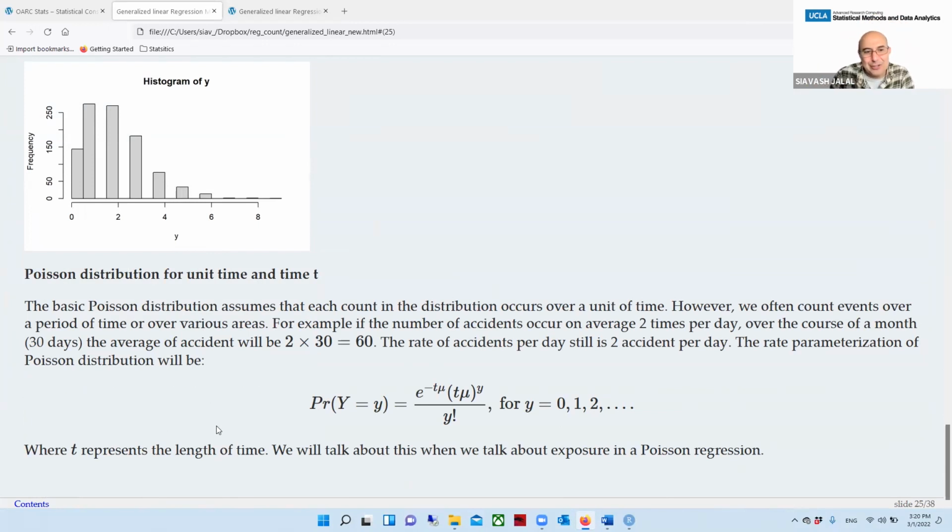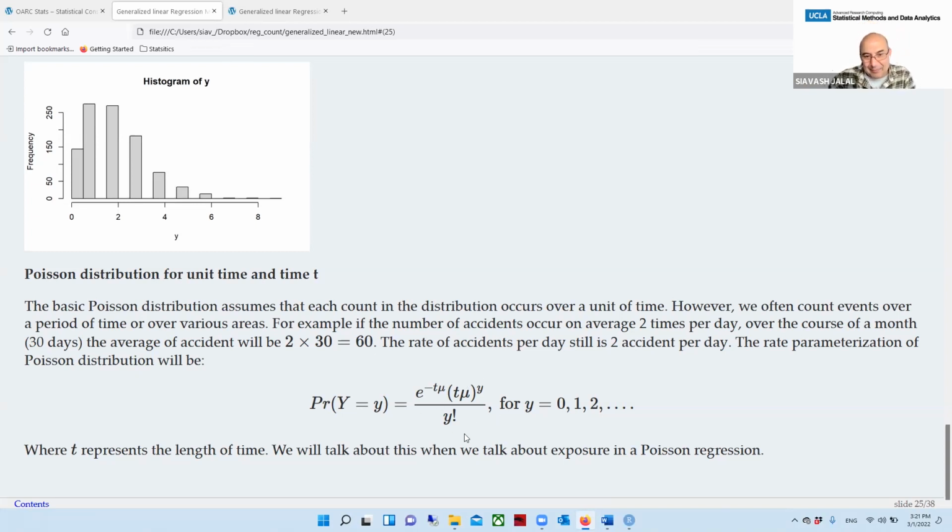Number of accidents in 2 days, or in a month, or in 2 months, right? So if you want to calculate the number of accidents in 1 month, with a sunny day every day in that month, then on average, that would be 60 accidents per month if there is no rain in that month, right?